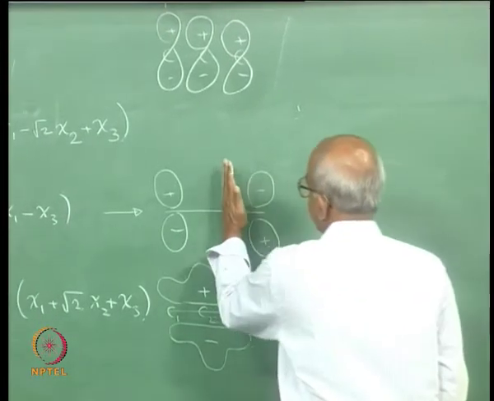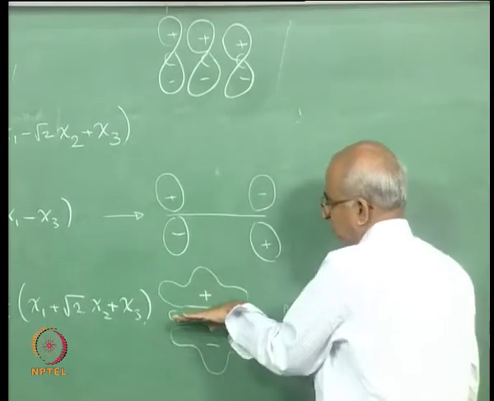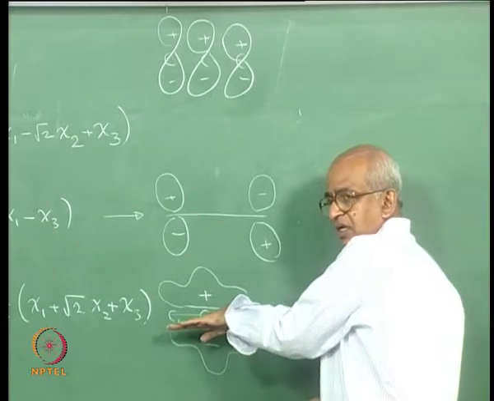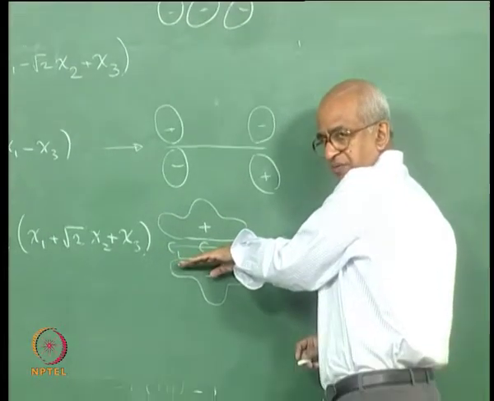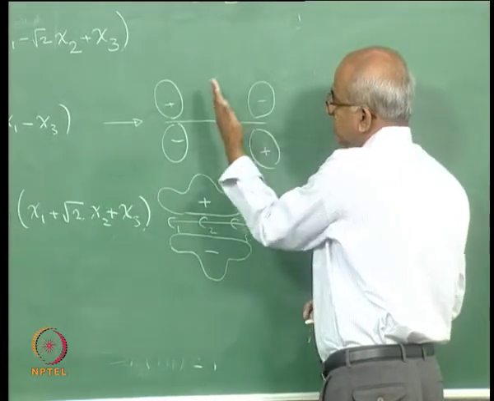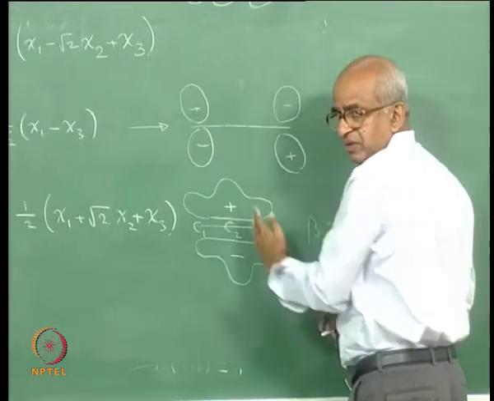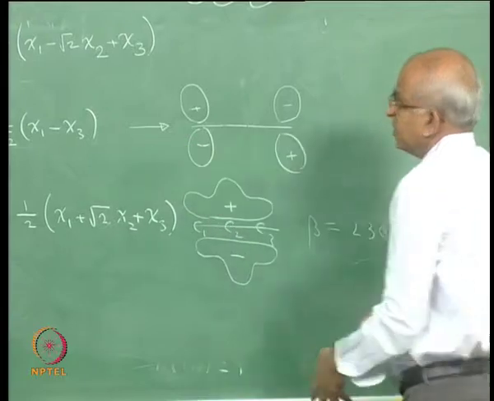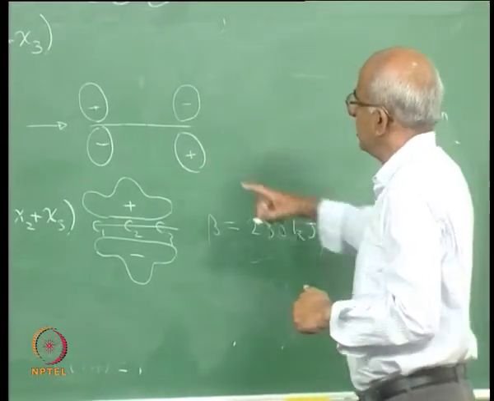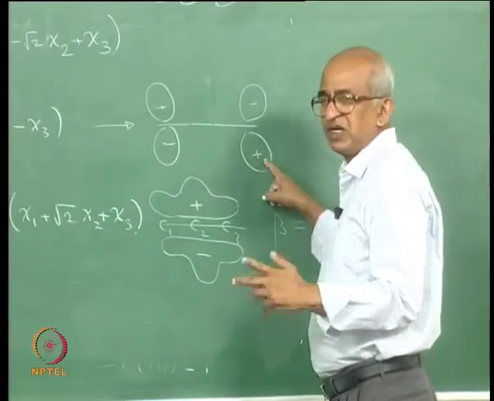Obviously, there is a node here. The lowest one, you see, it has only one node, which is the plane of the molecule. This has 2 nodes, one is the plane of the molecule and the other is a plane like that, and there is no contribution from the second carbon atom, and it is as if you see you have two separate atomic orbitals.